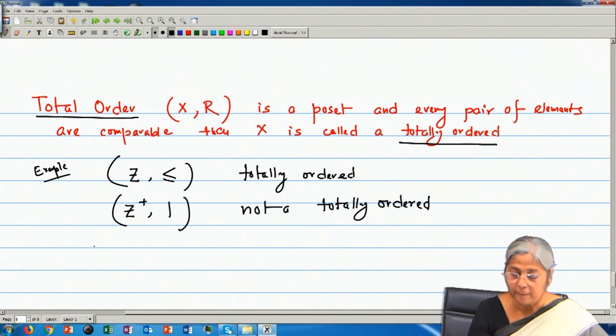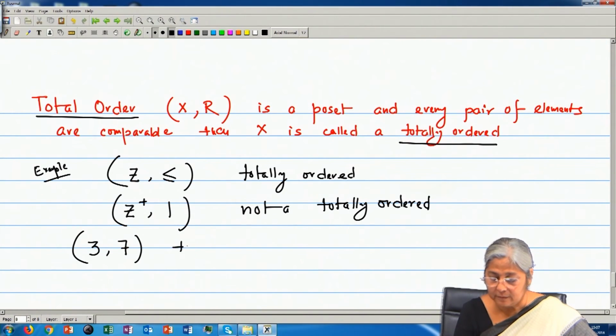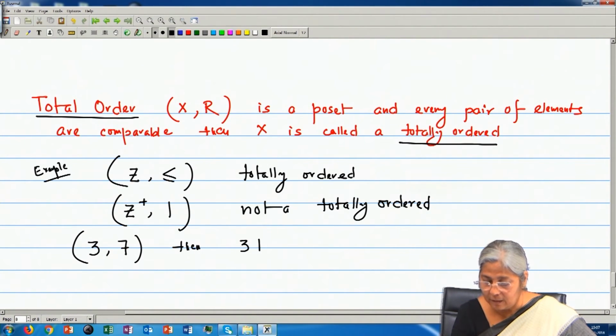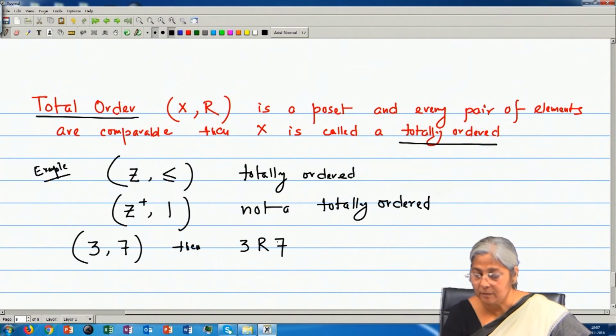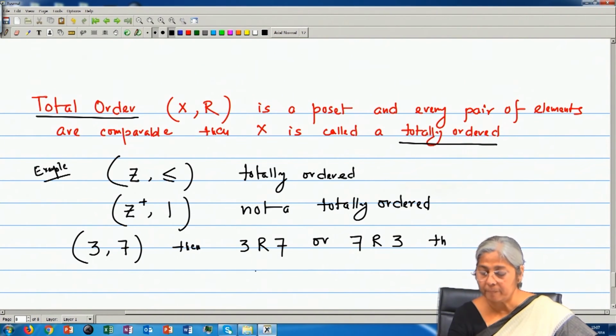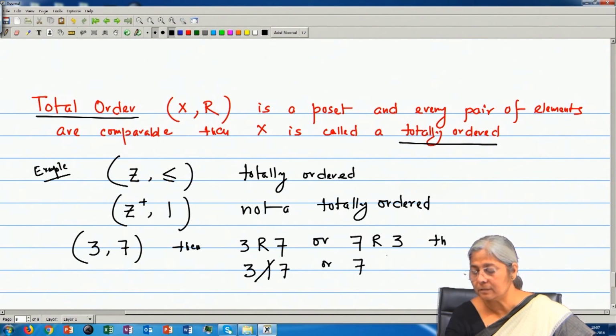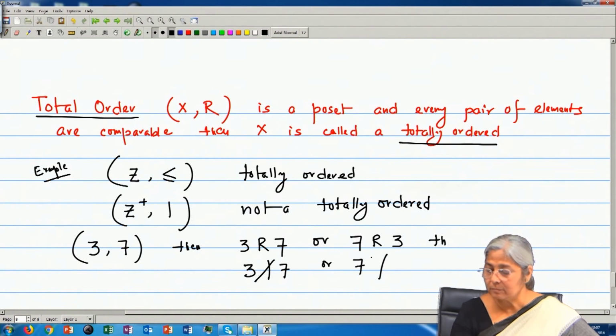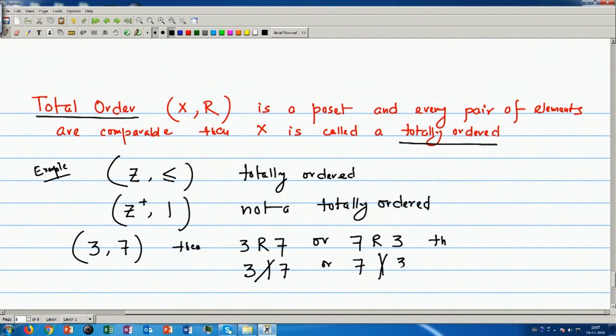Since if I consider say 3 and 7 this pair, then 3 R 7 or 7 R 3, that means 3 does not divide 7 or 7 does not divide 3.